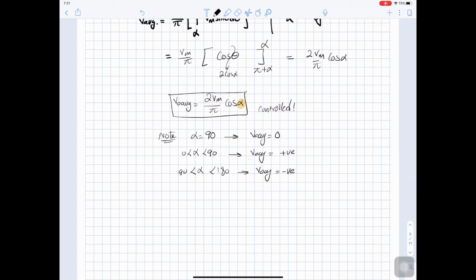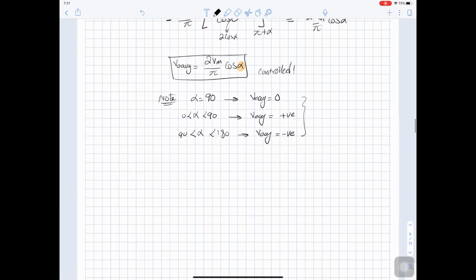So this circuit can give you a positive average voltage or a negative average voltage, which is very, very useful if you have a motor and you need to reverse the direction of rotation or the direction of motion. You will need a negative average voltage. Okay, so this is very important.